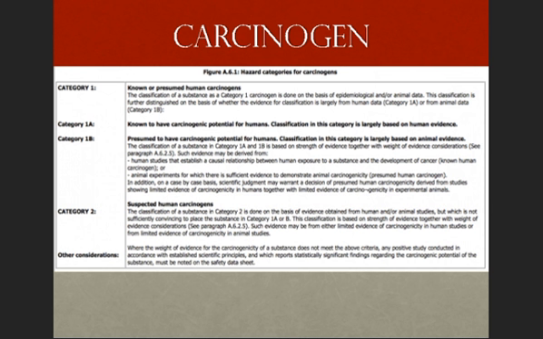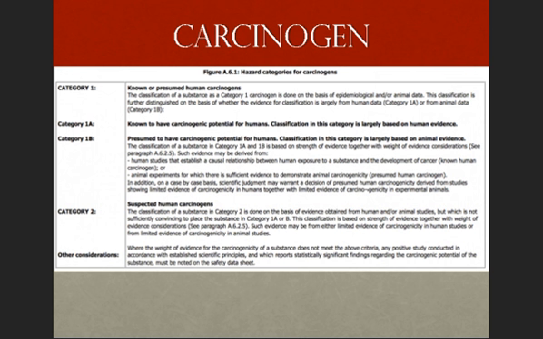Carcinogen means a substance or a mixture of substances which induce cancer or increase its incidence. Substances and mixtures that have induced benign and malignant tumors in well-performed experimental studies on animals are also considered to be presumed or suspected human carcinogens unless there is strong evidence that the mechanism of tumor formation is not relevant for humans.